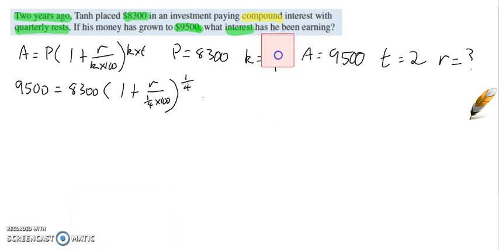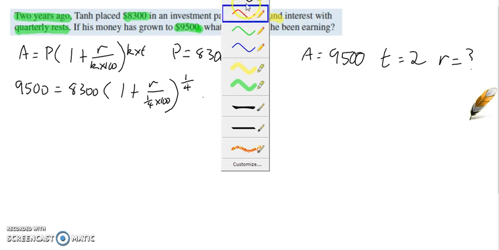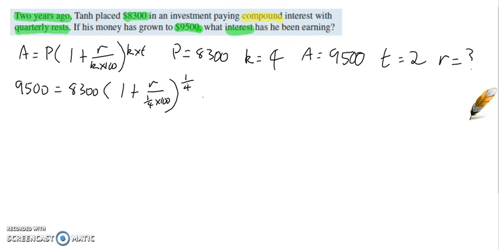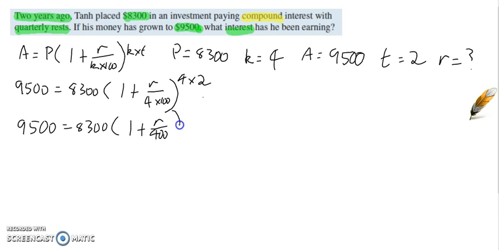Go back, it's not 1 over 4, it is 4. Sorry about that. So, 4 times 100 to the power of 4 times 2. We solve as much as we can and we end up with 9,500 equals 8,300 times 1 plus R over 400 to the power of 8.